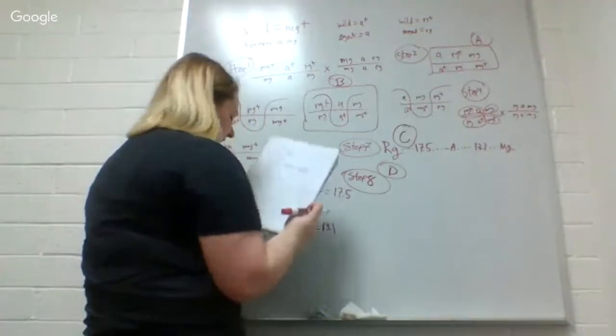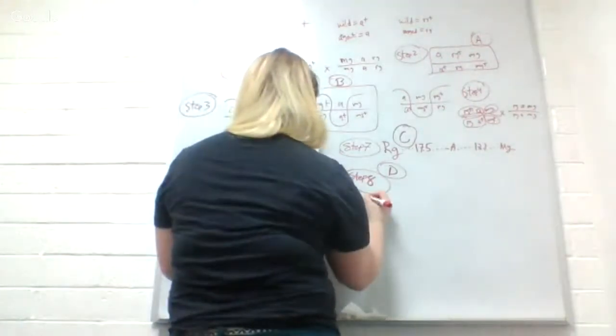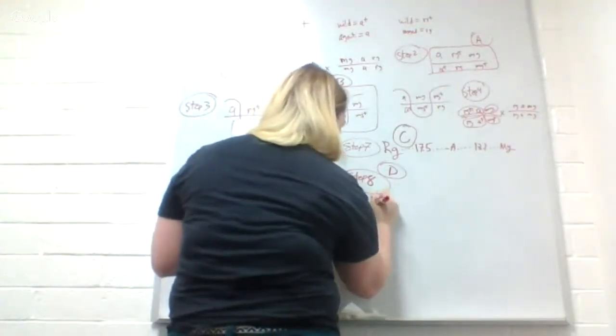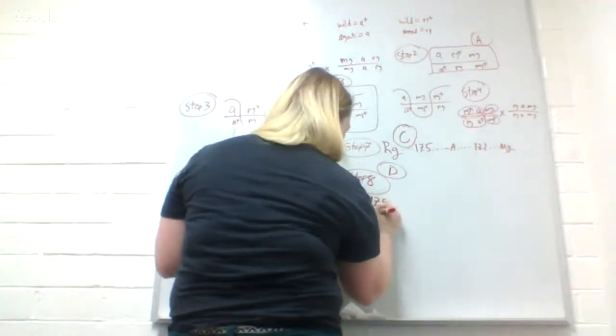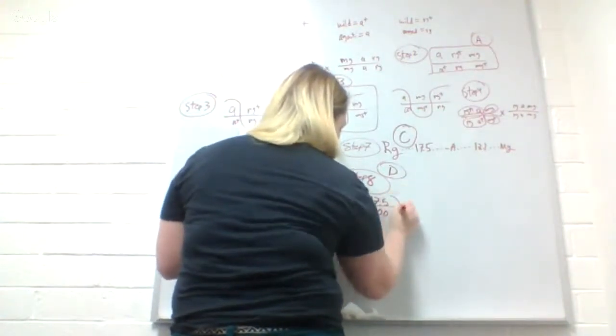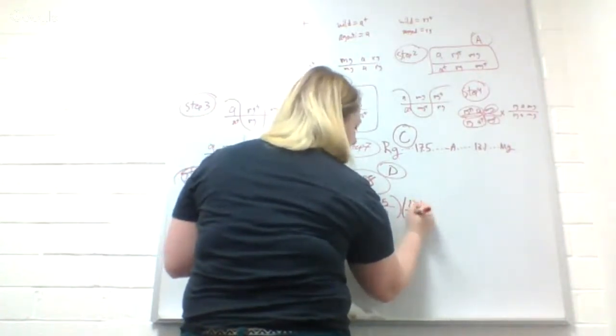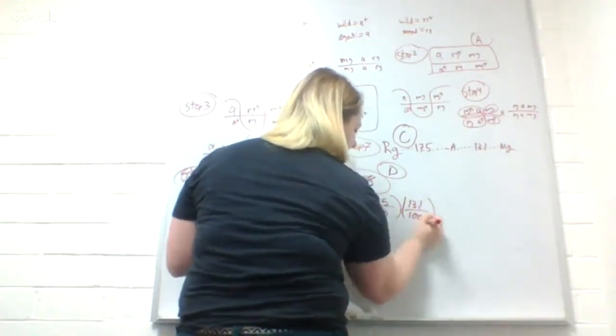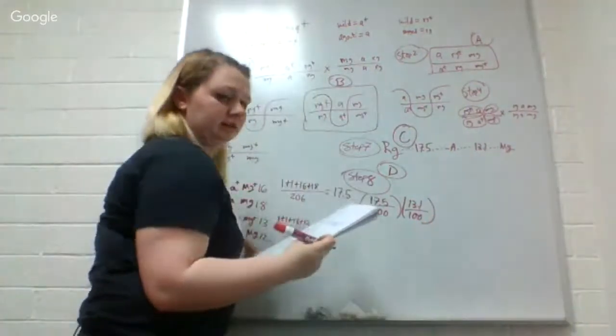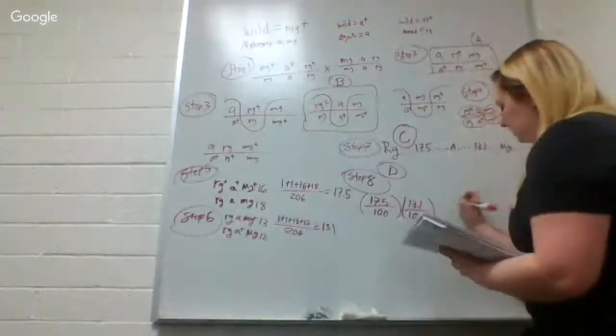And so for that, we're going to put these back in. So 17.5 over 100 times 13.1 over 100. So we're going to take that and we'll get our answer.